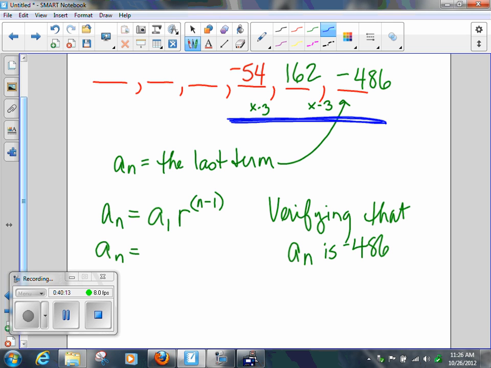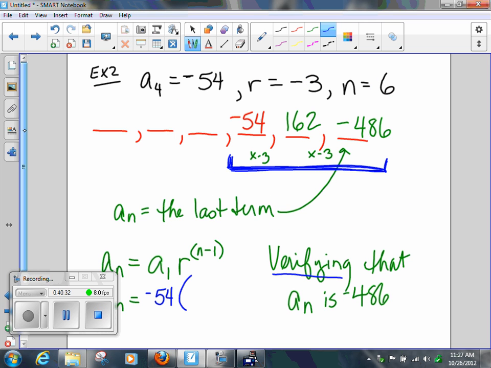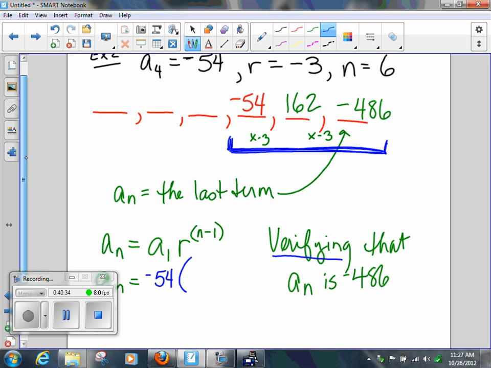If we just focus on this piece to verify, then what's our A sub 1? Negative 54. Our ratio is still the same, and it's up here, negative 3. It didn't change. And how many terms do we have in this little piece? 3.